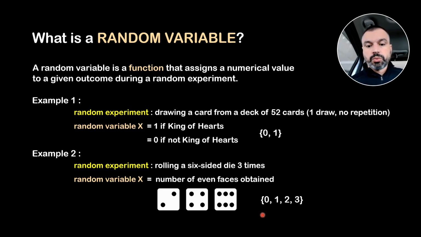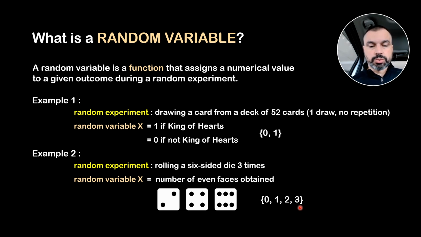So we could roll the die 3 times and get 0 successes. We could roll the die 3 times and get 1 success and 2 failures. We could roll the die 3 times and get 2 successes and 1 failure. Or we could roll the die 3 times and get 3 successes.